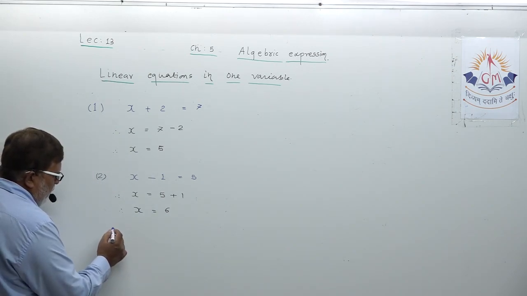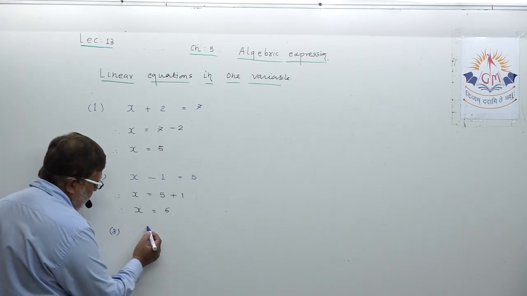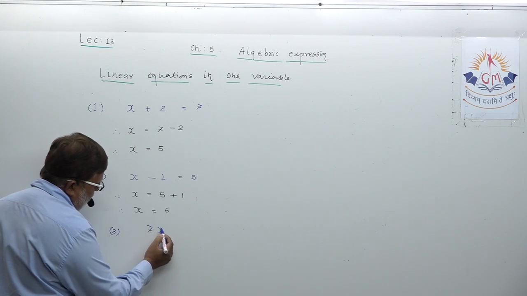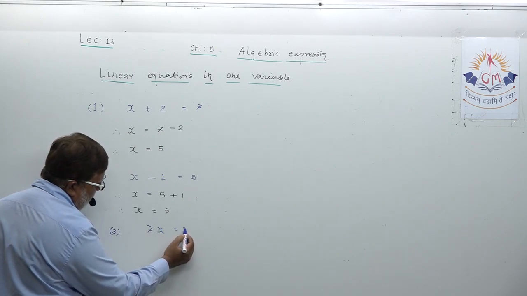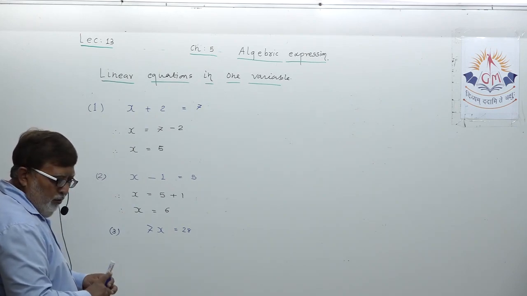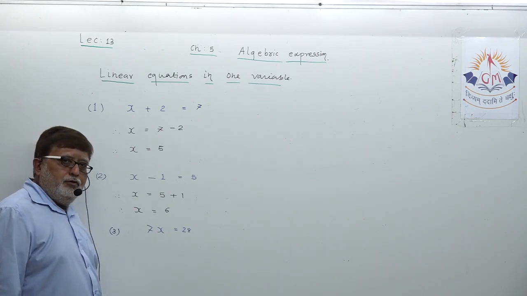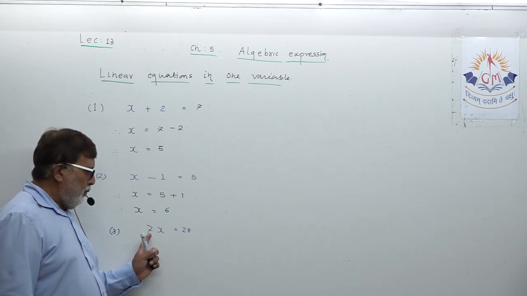Okay, third one. Suppose, dear student, the equation is like this: 7x equal to 28. You all know the basic rules of maths.